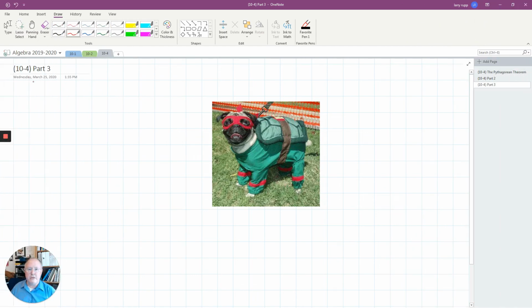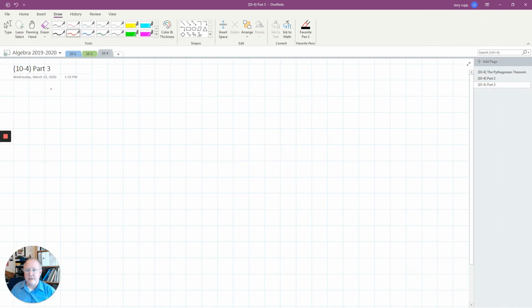Now we're going to talk about what a converse is. The converse of a hypothesis is where you switch the conclusion and the hypothesis around. So the Pythagorean theorem states that c squared is equal to a squared plus b squared. So you have these numbers, and with any two of them you can find the third.